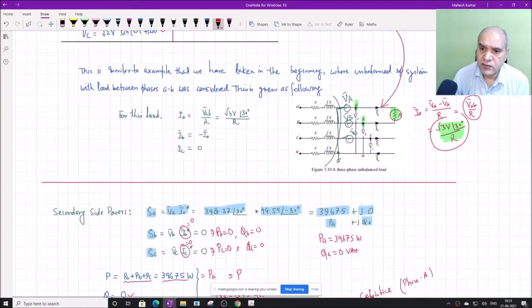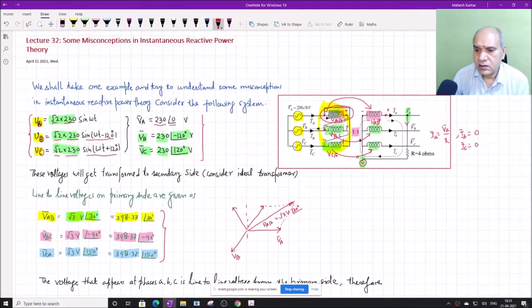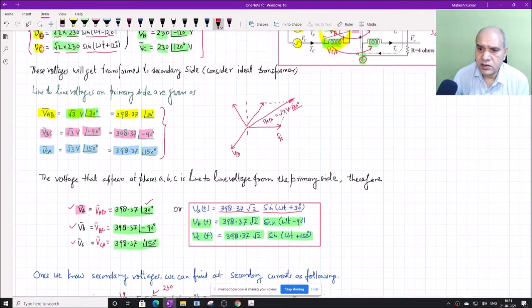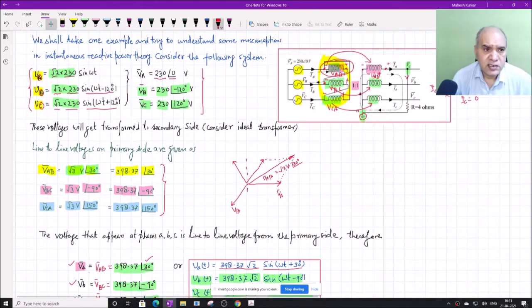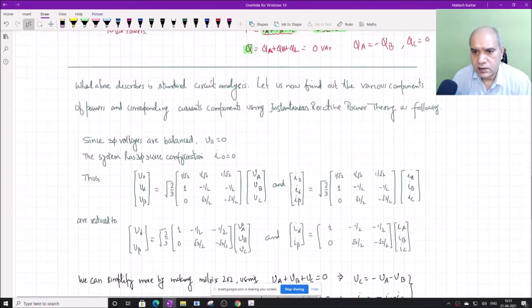Should I copy again once this diagram? Will be better. Okay, I have removed it. You just take this diagram down here. Control C. Here.